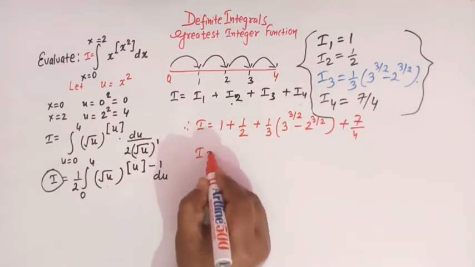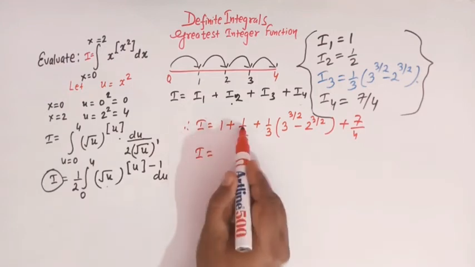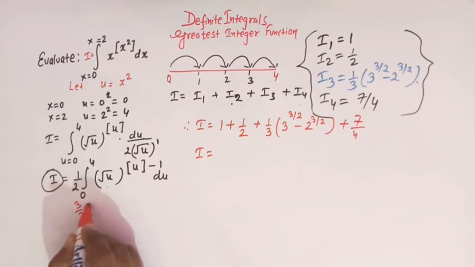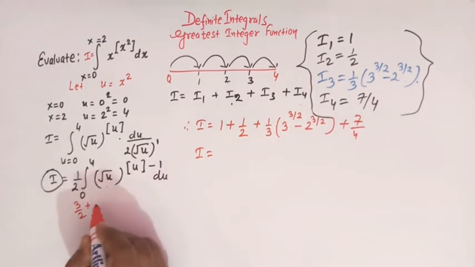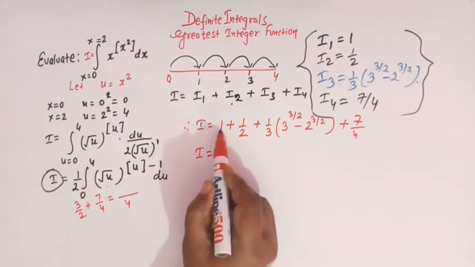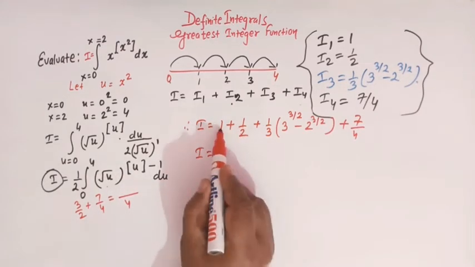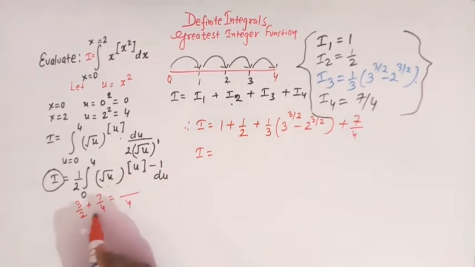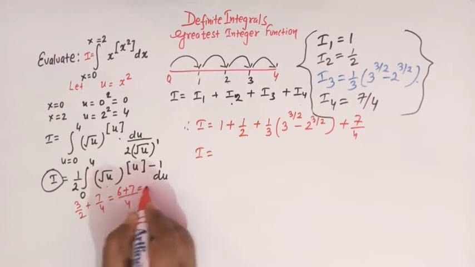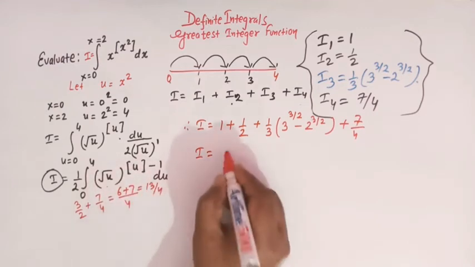So now I is 1 plus half is 3 over 2, and here we have plus 7 over 4, and the sum of these two terms and this one, LCM is 4 here, so we have 6 plus 7, that is 13 over 4, right?